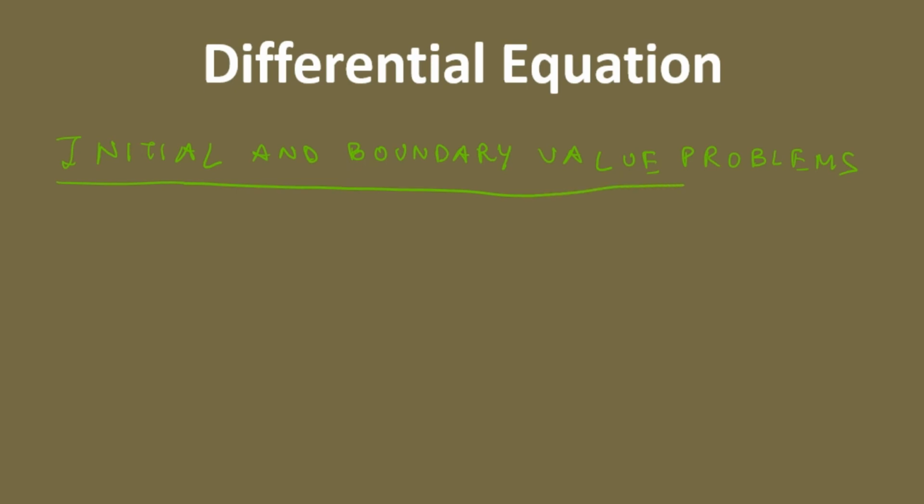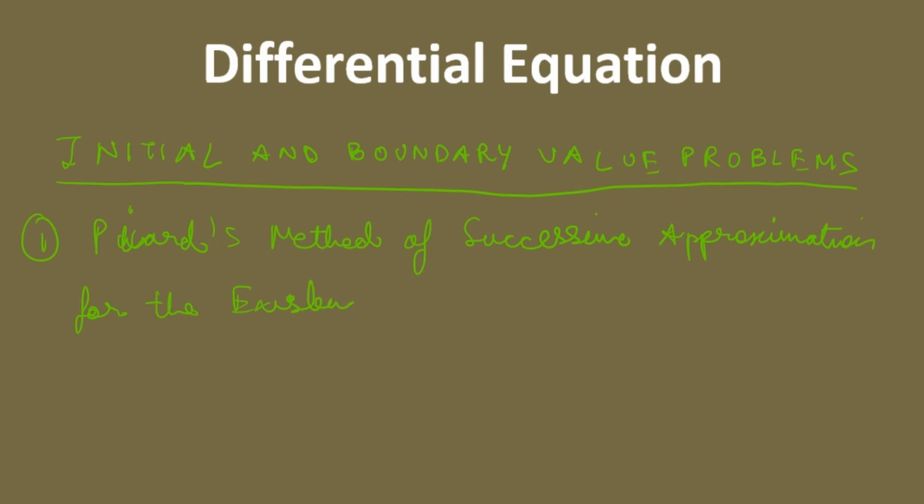So let's start with the first part, and the first part is Picard's method of successive approximation for the existence of solution of IVP.